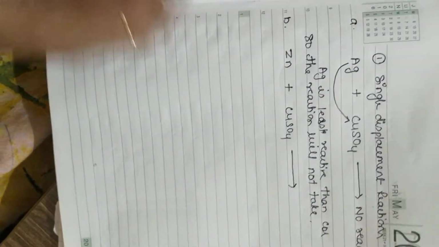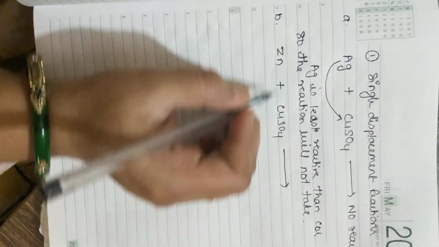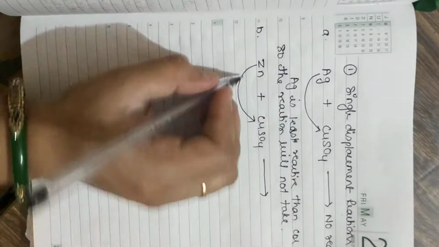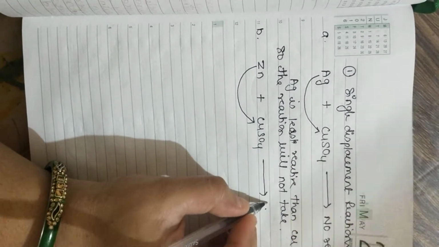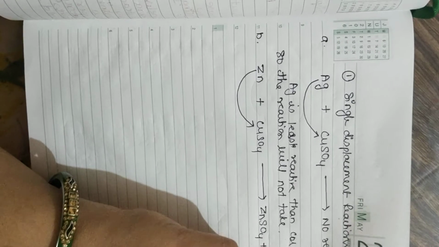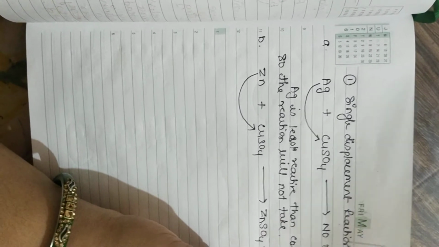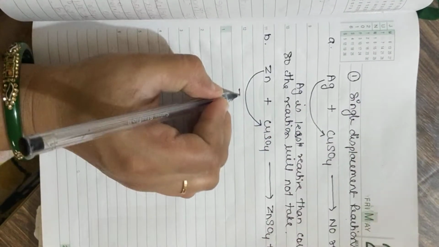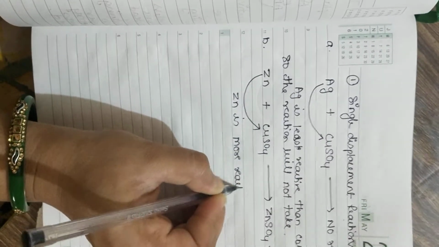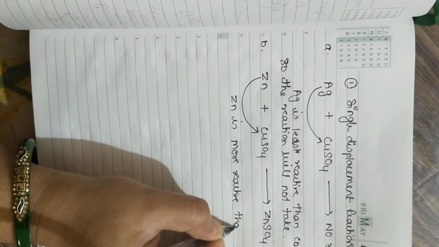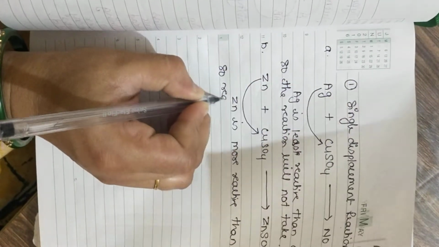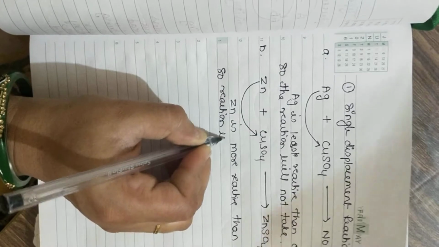Zinc will displace the copper from its salt, so zinc sulfate is formed, releasing copper. So zinc is more reactive than copper, and the reaction will take place.